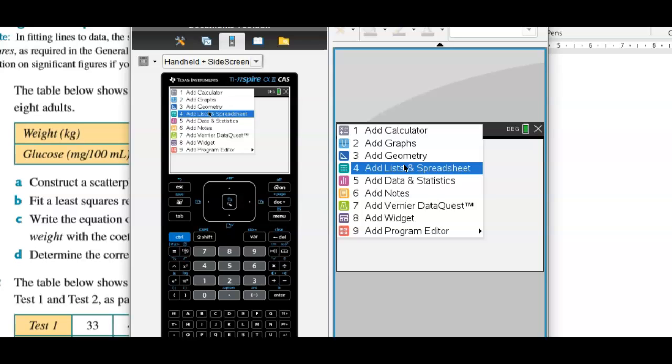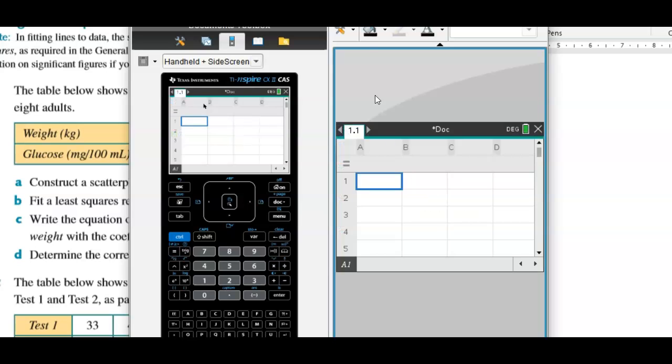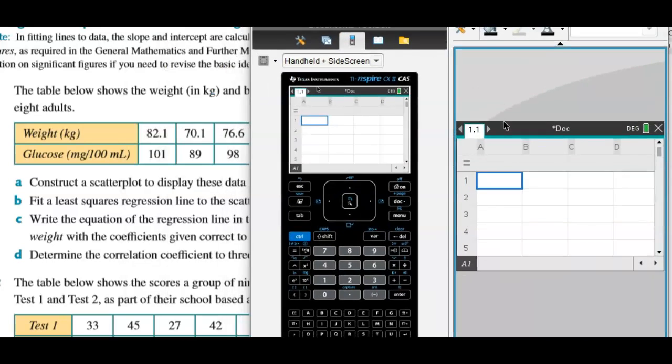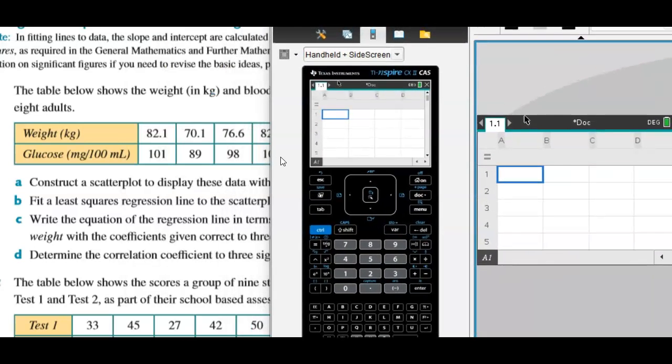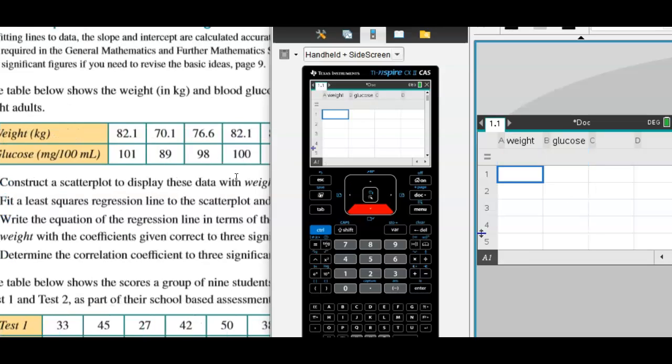The calculator is pretty switched on, not saying that you're not, but variables can get lost. So always start a new document. Add lists and spreadsheets, which is where we put our values in. When you're putting in your variables, try to get into the habit of using the variables as they're written. It does require a little bit of typing, but it reduces any confusion.